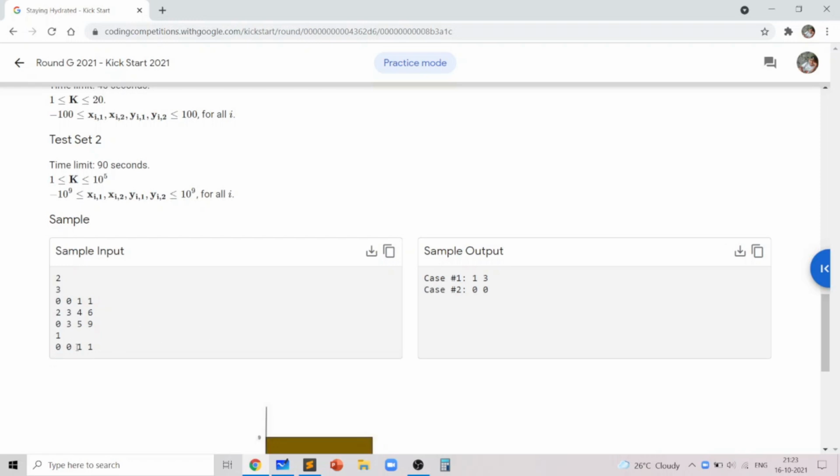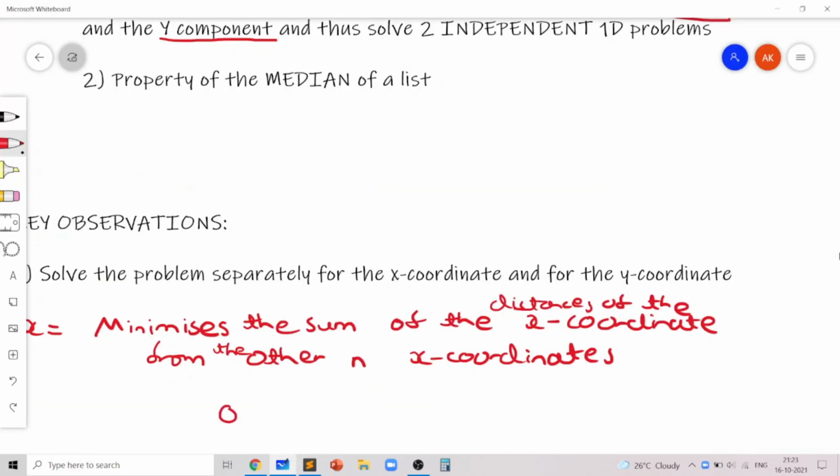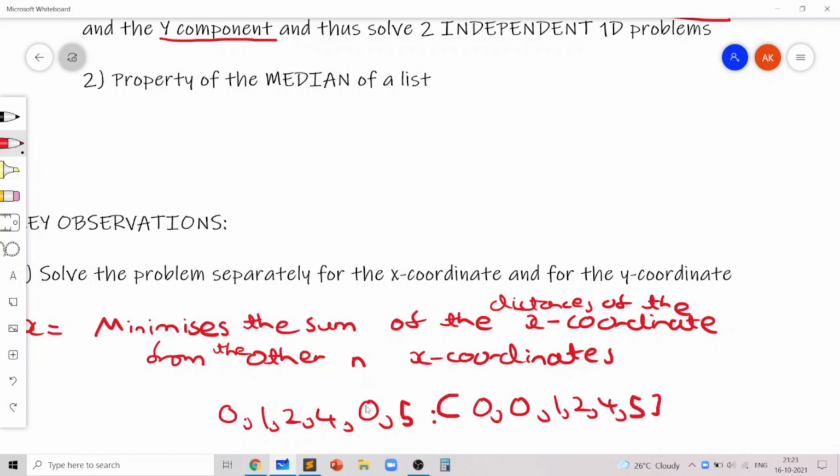So when the elements were 0, 1, you take 0, and in the other case, the x coordinates were 0, 1, 2, 4, 0, 5, and when you sorted them you get 0, 0, 1, 2, 4, 5. Then the median is the left value of these two medians, which is 1, and you can verify that that actually works for all.